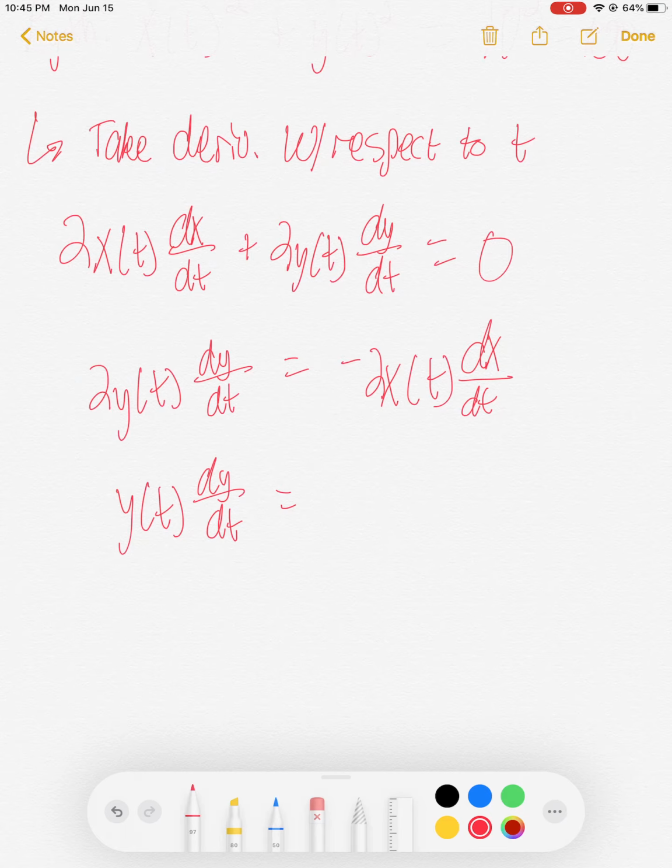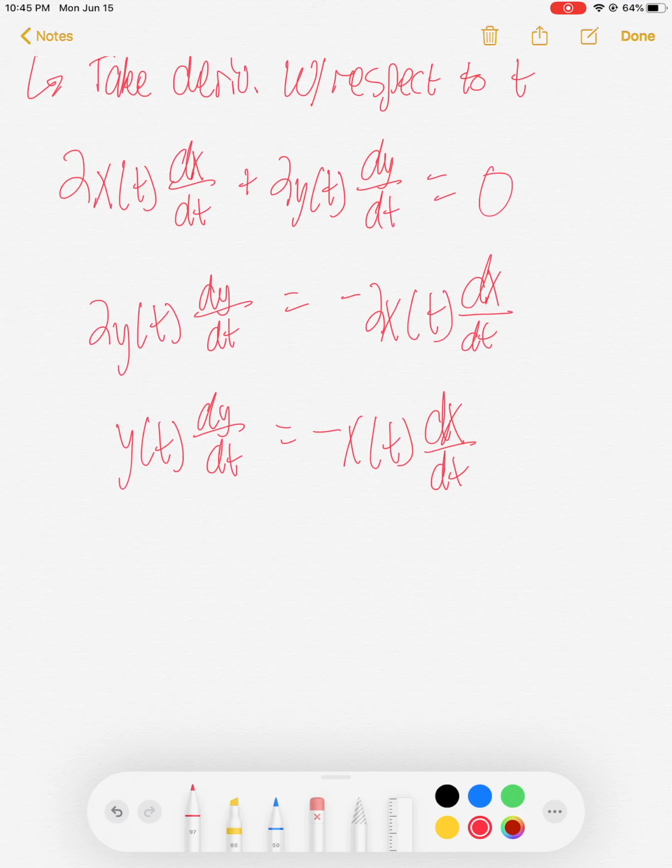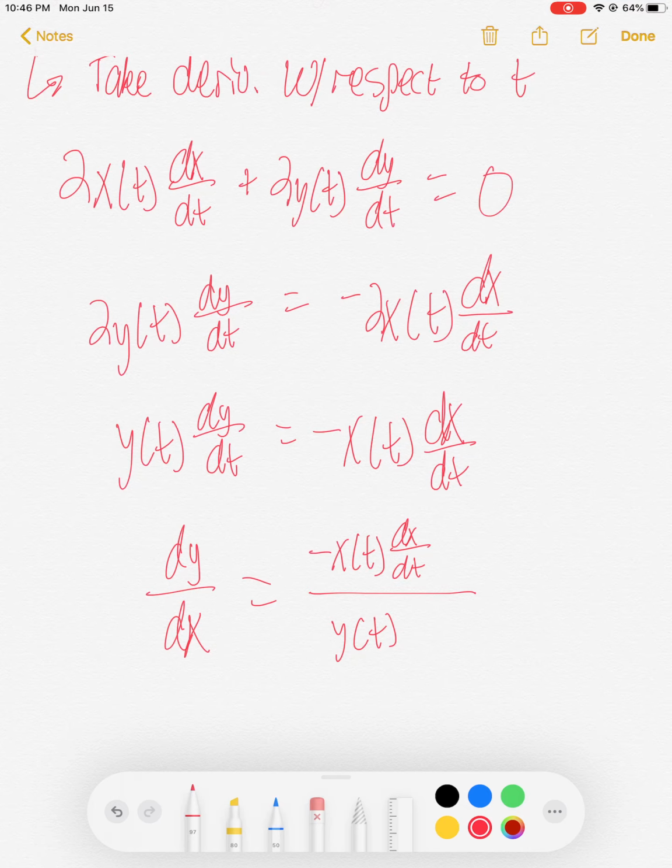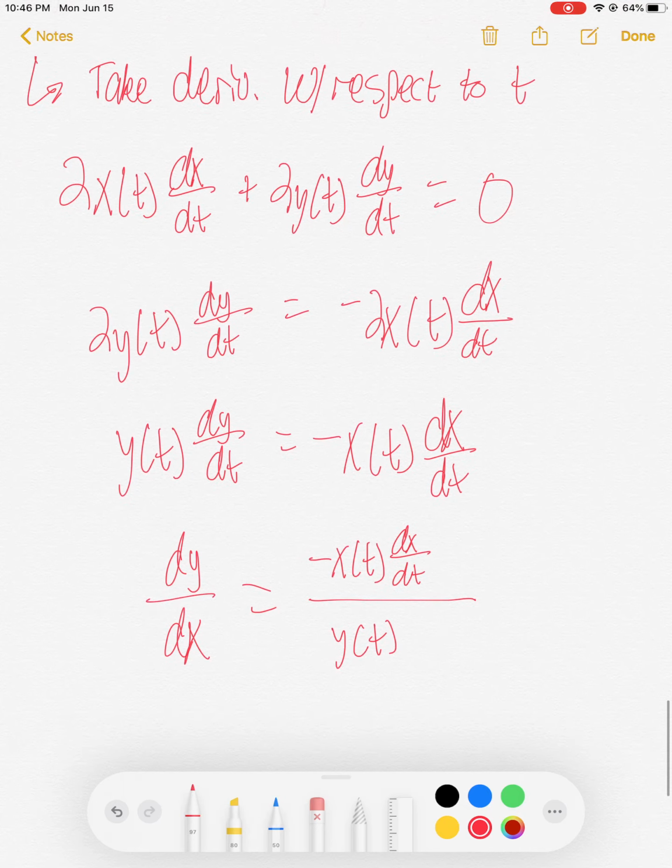We can rewrite this as follows. We can rewrite this as 2y of t dy dt equals negative 2x of t dx dt. Let me see, I can divide by 2 and I can get y of t dy dt equals, let me see here, that's going to be just a negative x of t dx dt.